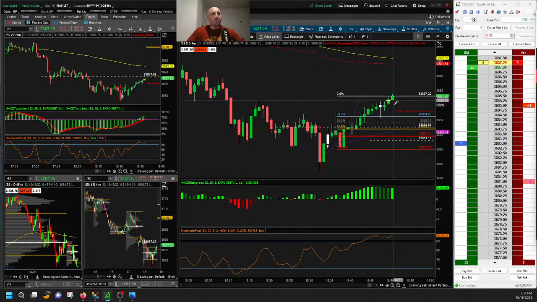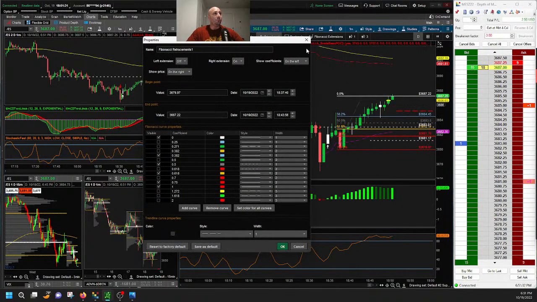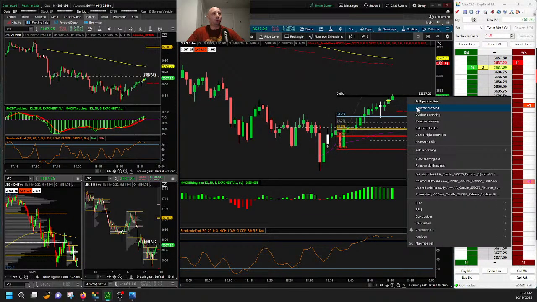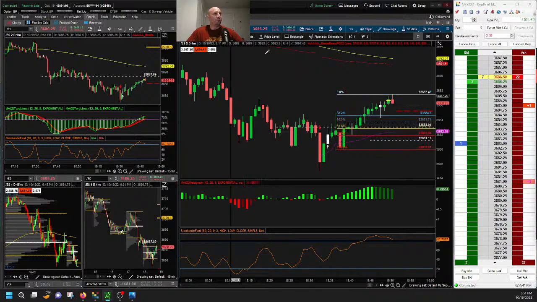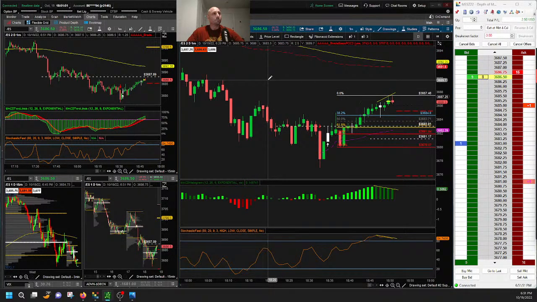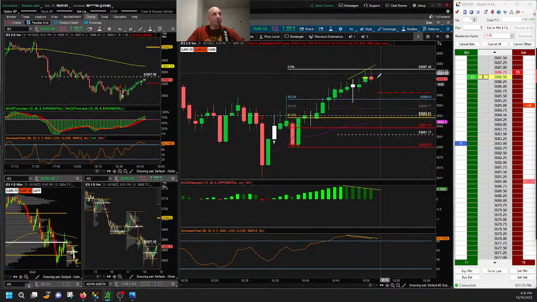So if we can pull back, my job is to look for the most confluence. Look at this, we have divergence to the upside now, correct? Divergence here, divergence here, divergence here. The only thing we don't have is a break of this reverse waterfall.